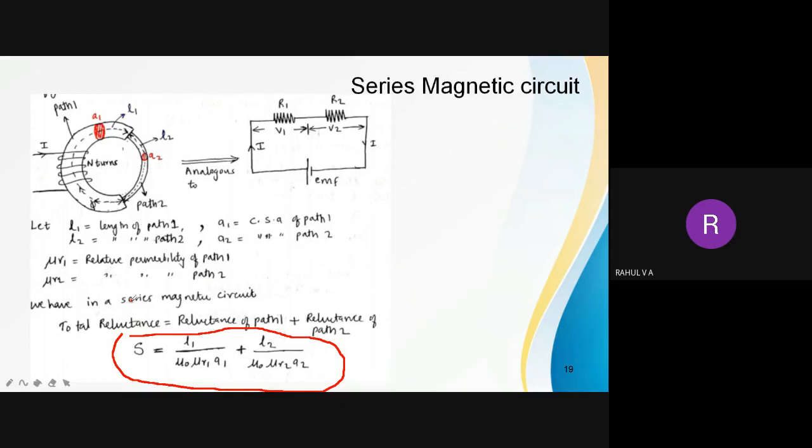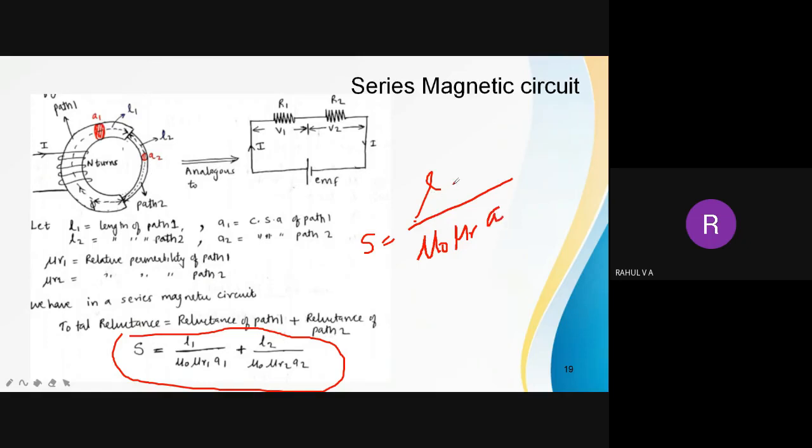So the reluctance is equal to reluctance of section 1 plus reluctance of section 2. The formula for reluctance is equal to L divided by mu 0 mu R A. That is the formula of reluctance.